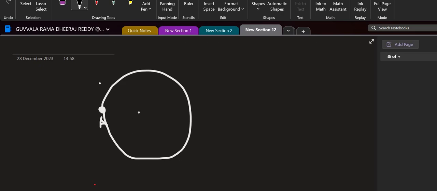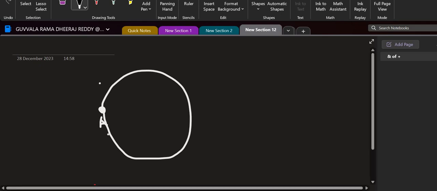No one should go in the middle space of the circle. There's a point here, and there's a circle. This is the starting point.